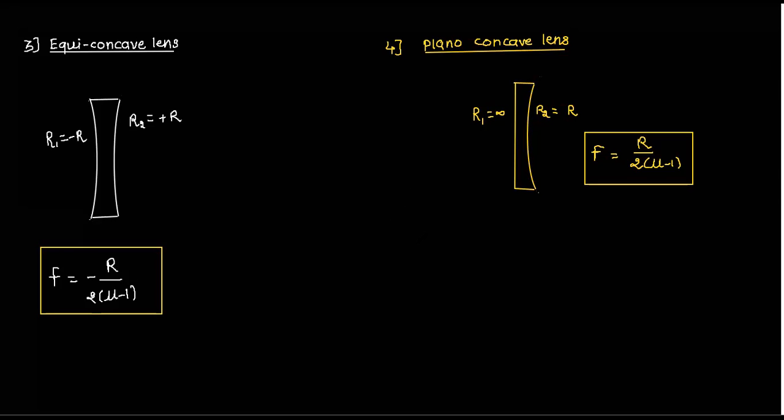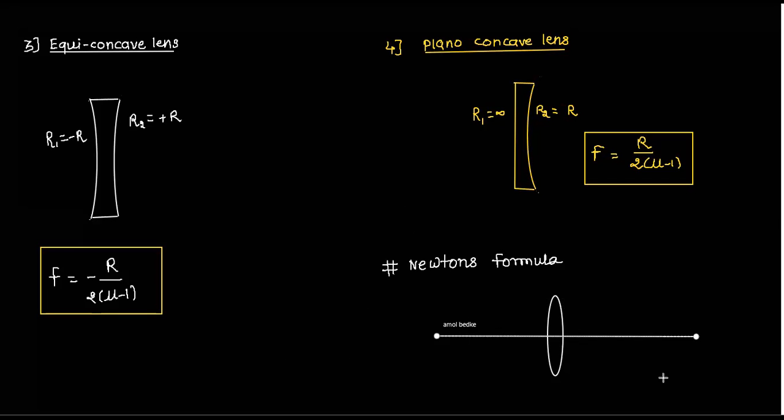So one more formula I am giving, that is called Newton's formula. Suppose now I am having a lens. Let us suppose this is a lens, and this is its principal axis. Shall I take it on the next page? Okay, wait, I will take it on the next page.